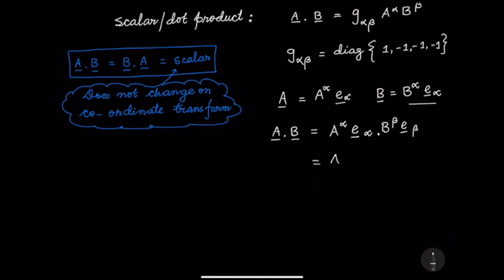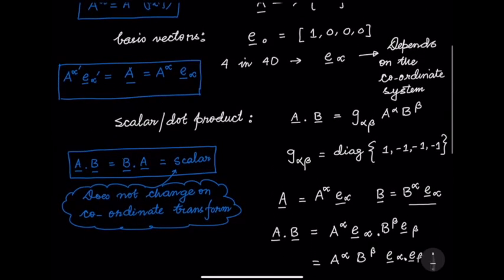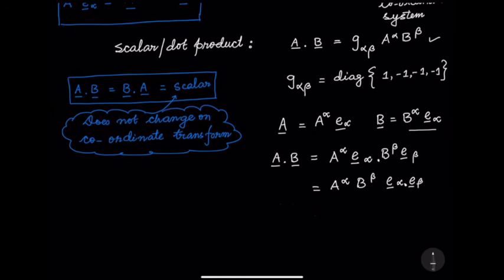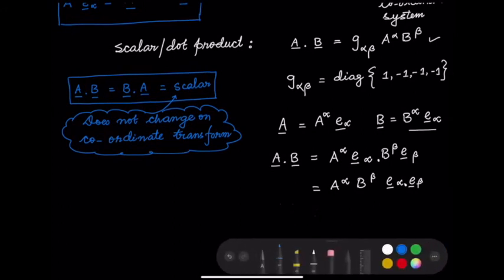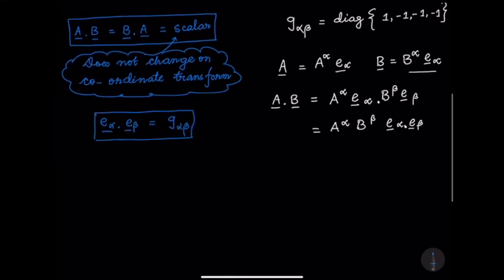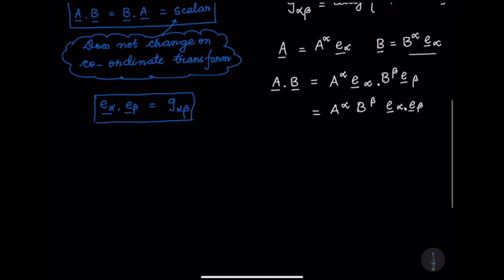And from that we say that A alpha B beta, and then I get E alpha dot E beta. And now if you compare with this line, you realize that E alpha dot E beta is nothing but G. So this also we saw last time.